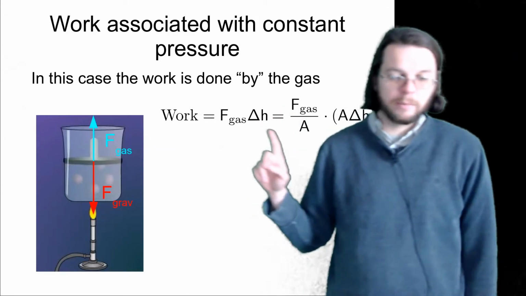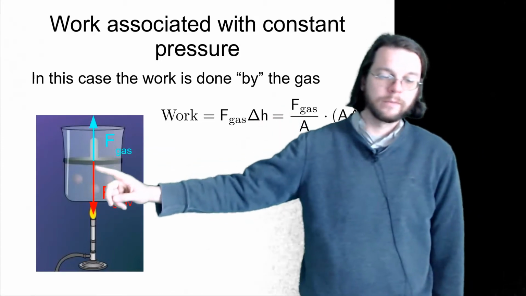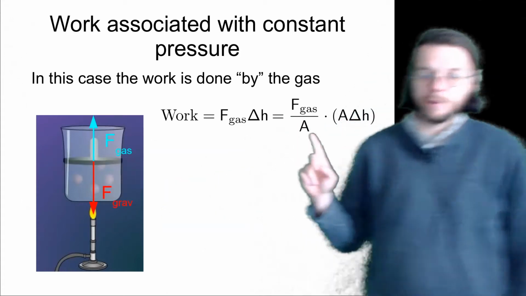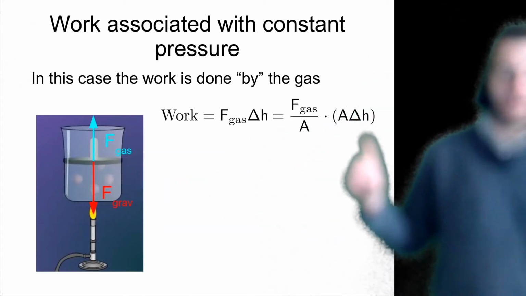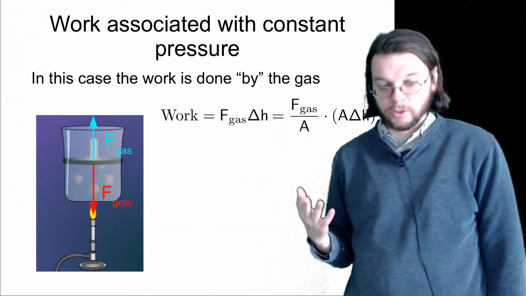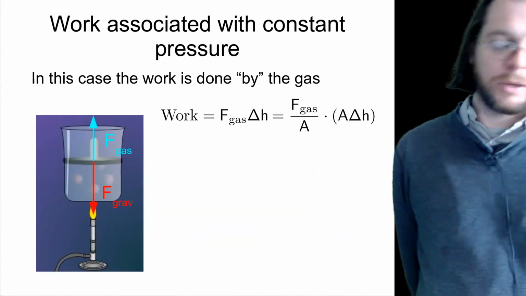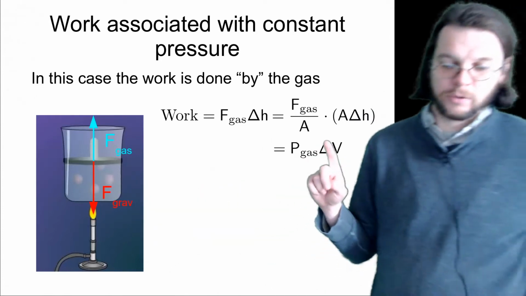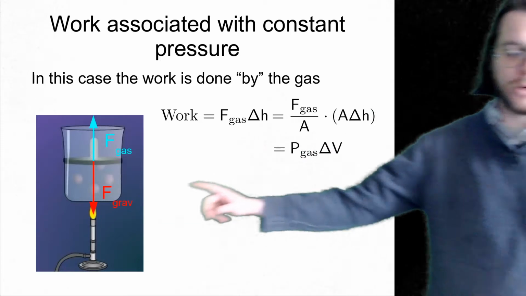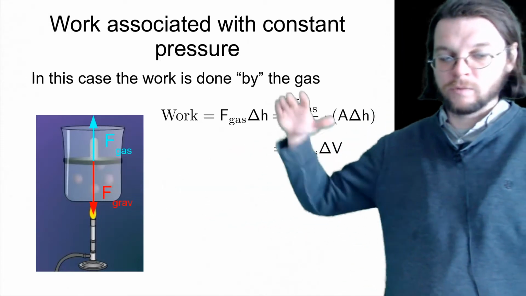We can do something clever, which is to divide by the area of the plunger, and then multiply by the area of the plunger. And so the interesting thing is that when we divide the force by the area of the plunger, we just get the pressure of the gas on the plunger. So we end up with the pressure of the gas, and then the area times the change in height, so the cross-sectional area here times the change in height represents the change in volume.